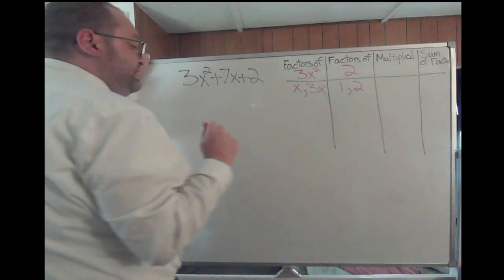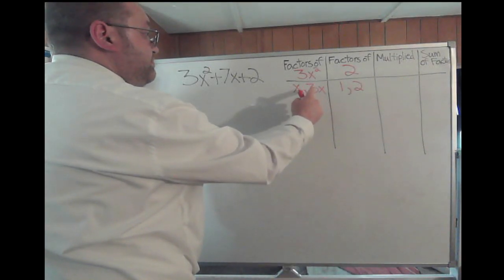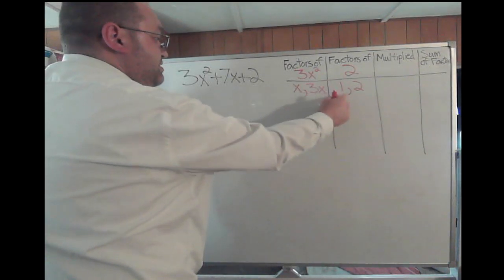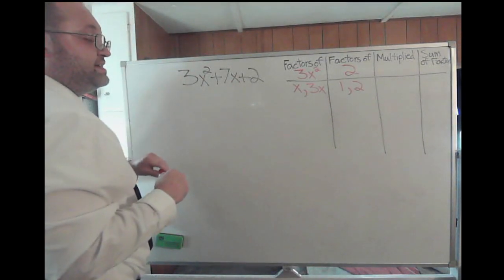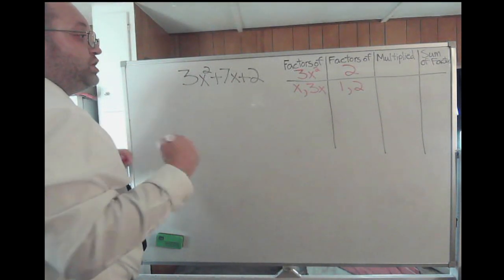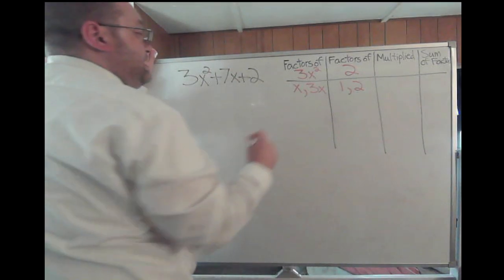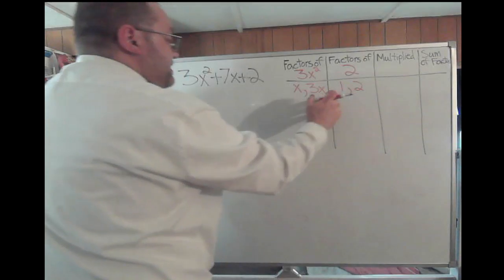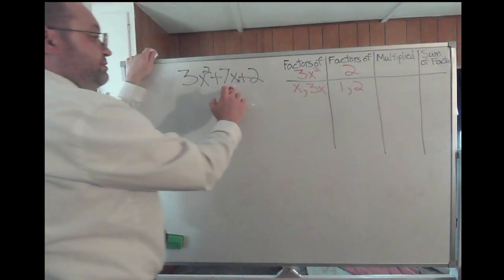The idea is, whenever the factors of these two terms are multiplied and added together, it should give you the middle term of 7x. So let's multiply factors together and then add them to get a middle term of 7x.